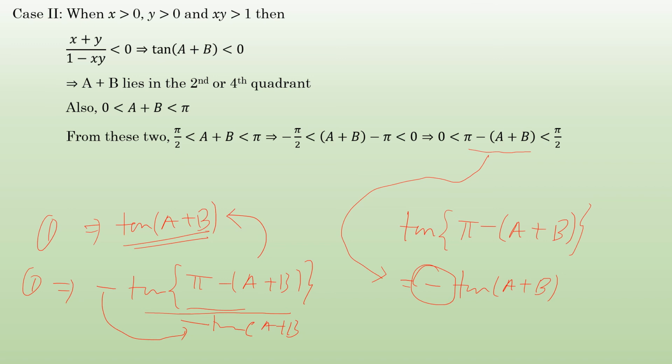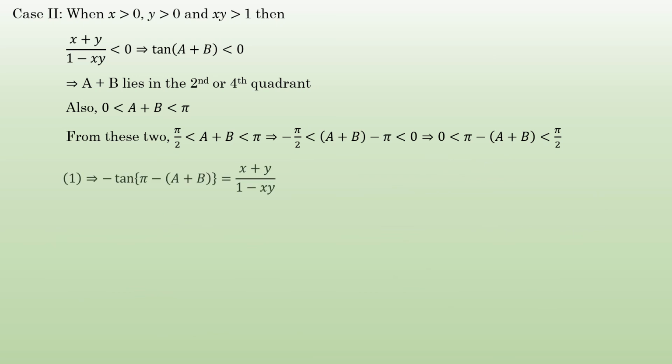So I am writing that, you see here, this one. Okay, so then push the negative sign inside the tan function, and that can be written like this, tan of, it will be positive, a plus b minus pi. And we can use this one because tan of minus theta is equal to minus tan theta, so this minus can be taken inside like this.